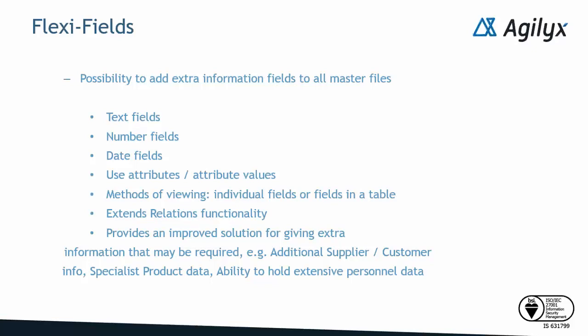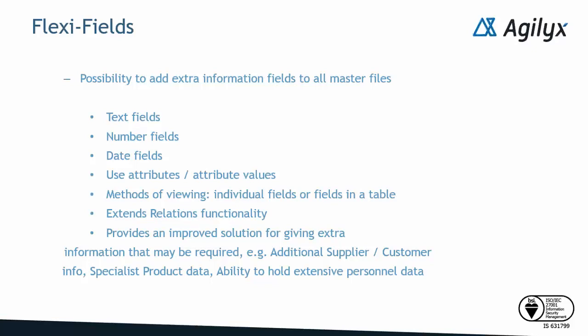They have different types of fields in them to let you hold more information. You could have text fields, number fields, date. You could use attribute values, and you could view them individually for the master file, or you could have them in a table. It depends, and it just extends the relations functionality.